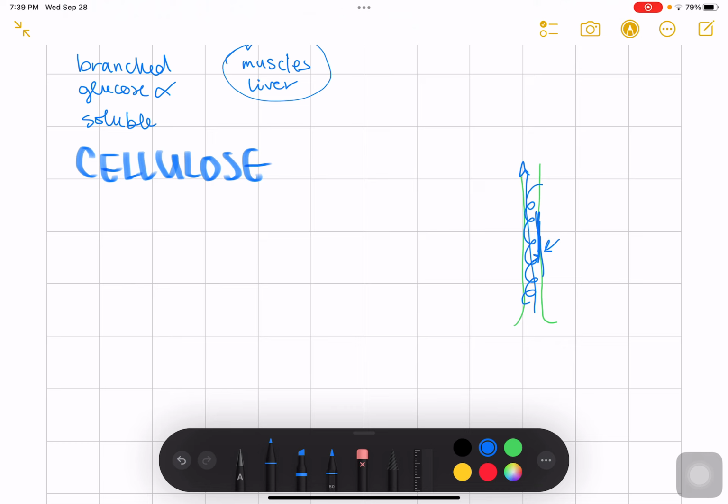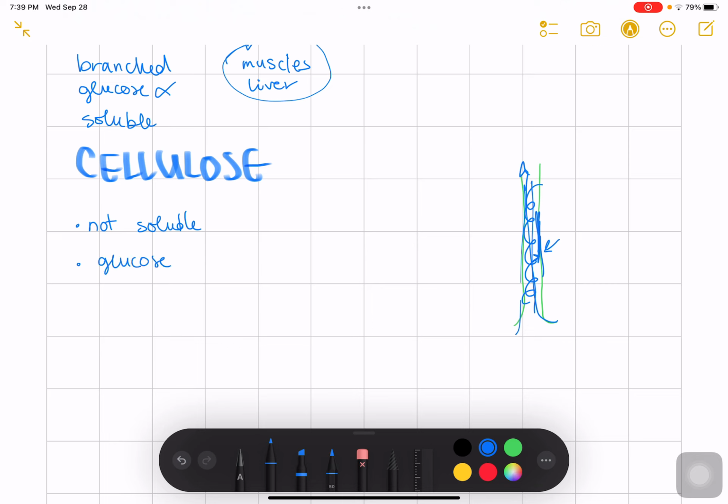When the water is climbing up, it needs something that's not soluble, or else it would dissolve. So the first property of cellulose, it is not soluble in water. That's what you need to know. Also, what's special about it, it's made up of glucose.